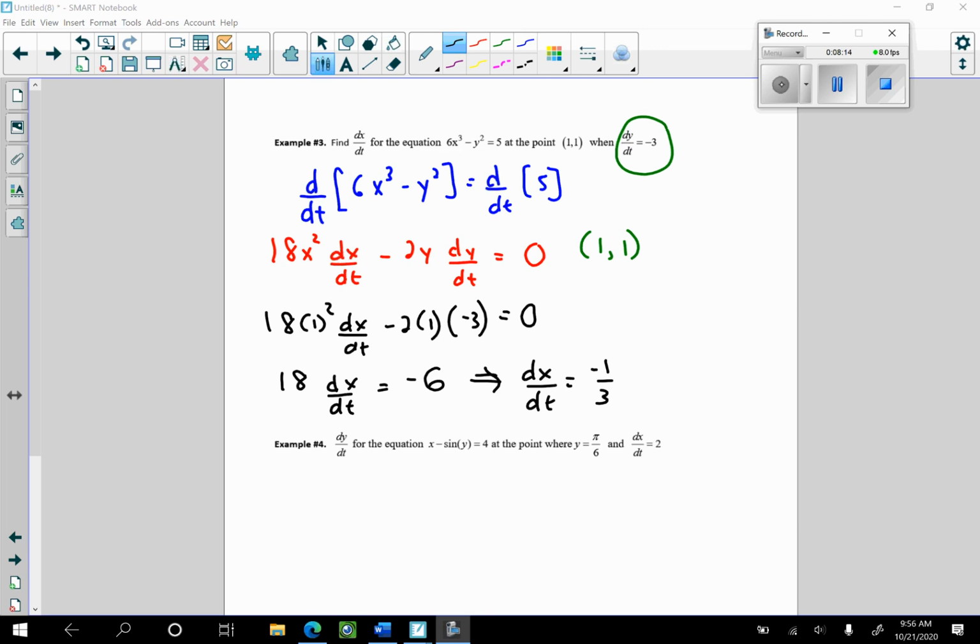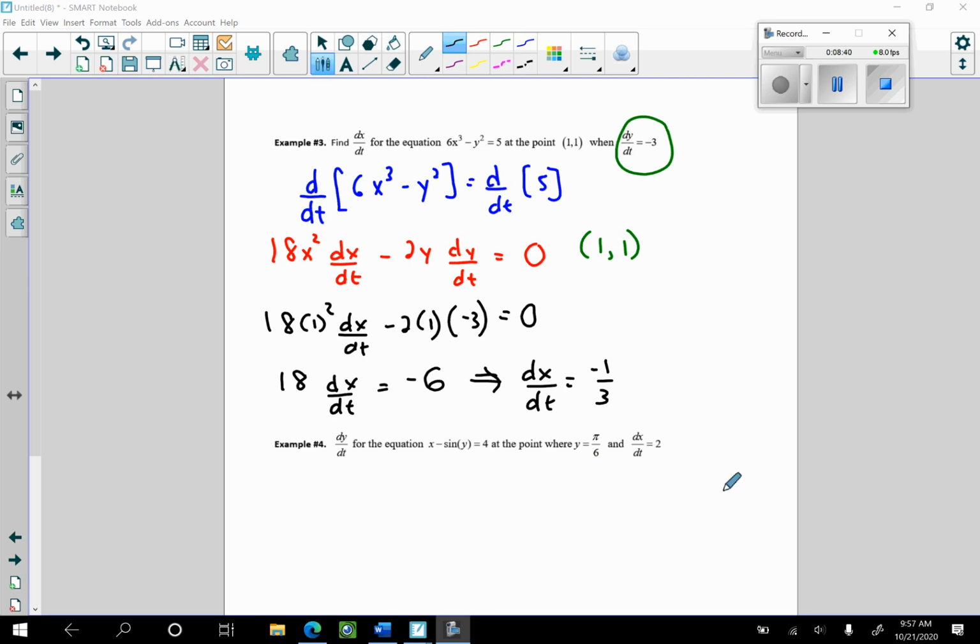Shall we do example 4? Okay, so now we're going to do example 4, which is going to be a little bit easier since we have this basic trigonometry going on. I want dy/dt for this equation, x minus sine y is equal to 4, at the point where y is pi over 6 and dx/dt is 2.